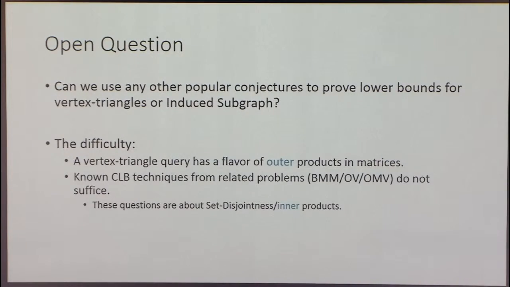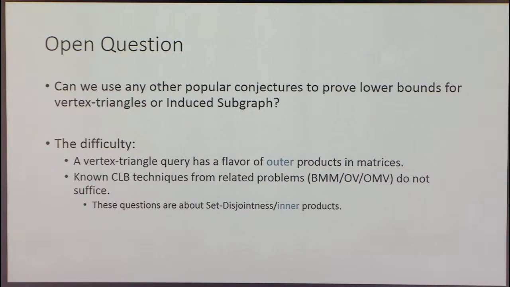Okay, so I guess the one open question that I keep getting back to is, okay, so great. We know from the 3SUM conjecture that these things are hard. It's hard to do better. But maybe you can use other popular conjectures to show lower bounds for vertex triangles or for induced subgraph. And let me point out where I see the difficulty being, if you want to think about this.